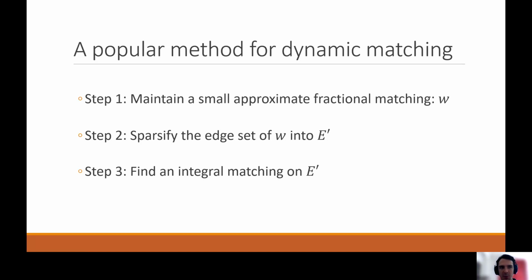In step 2, we reduce or sparsify the edge set of this fractional matching. And in step 3, we maintain an integral matching on this sparsified edge set. Essentially, in step 1, we solve the linear programming relaxation of the integral matching problem, and in steps 2 and 3, we round that matching to an integral solution.